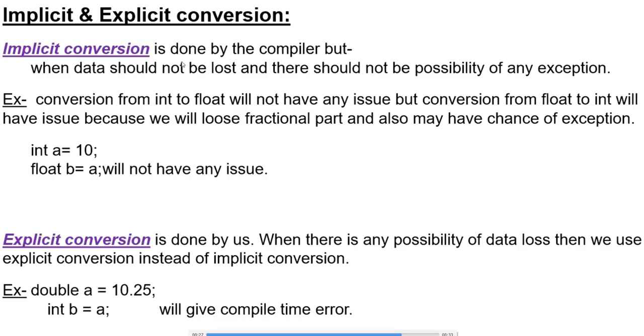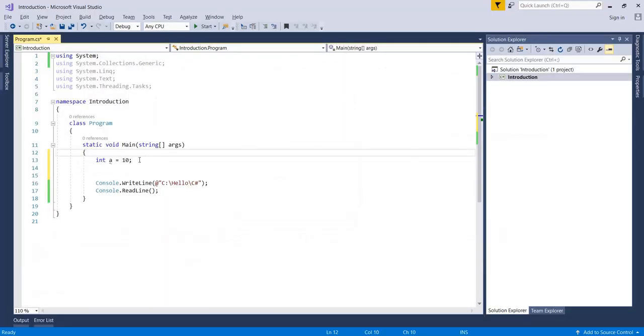Implicit conversion is done by the compiler when data should not be lost, and there should not be any possibility of exceptions. For example, we know that double is greater than integer.